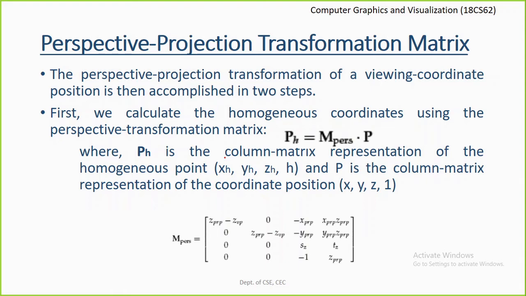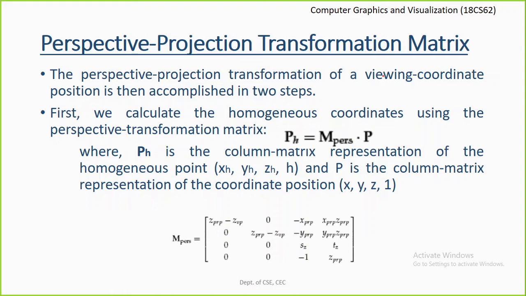The next step was to transform from the viewing coordinates to the projection coordinates. That is what we are talking about here. Converting from the viewing coordinates to the perspective projection coordinates involves two steps.